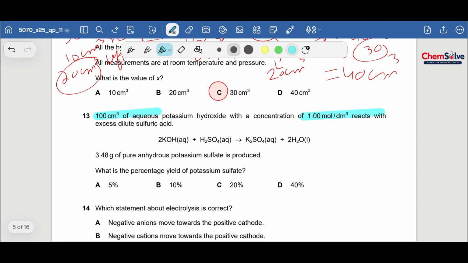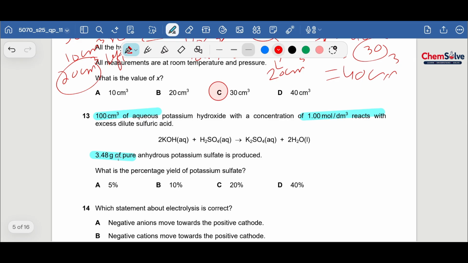Okay, so we are provided with the balanced chemical equation. 3.48 gram of the pure anhydrous potassium sulfate is produced. What is the percentage yield of the potassium sulfate? Okay, in the mole series I have explained these types of questions already. You can watch that video if you didn't understand that.